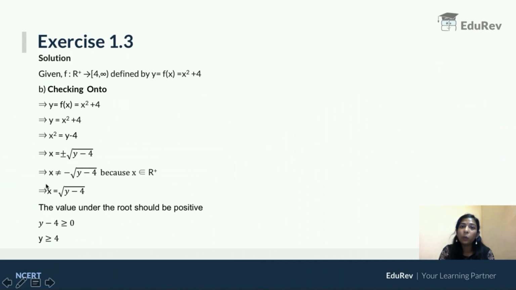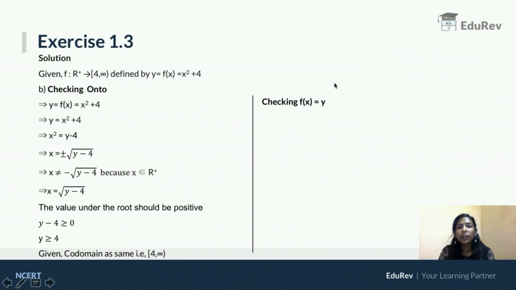But x belongs to only positive real numbers. So if x is supposed to be defined, y value should be greater than or equal to 4. But what was the codomain given? All the values from 4 to infinity, where 4 is a closed interval, which is exactly matching with what we have got. So given codomain, all the values satisfy the condition.